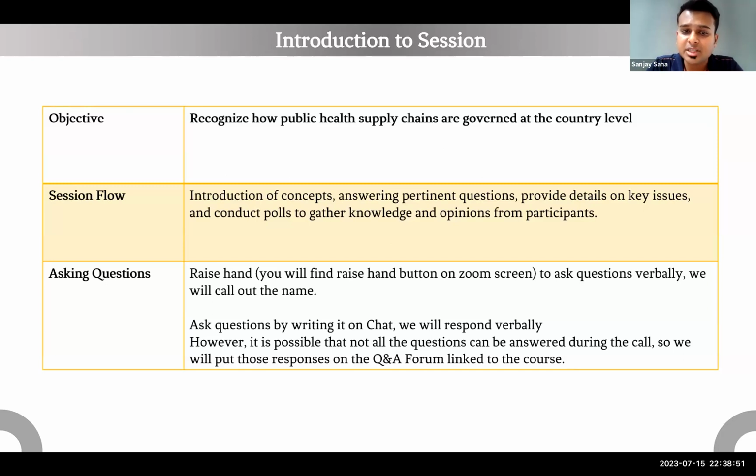But I think everyone must understand what governance is, irrespective of wherever you're working, because a lot of operational issues are related to governance. In this session, we will understand what governance is, how supply chains are affected by those decisions, and how it is for Nigeria, for example.